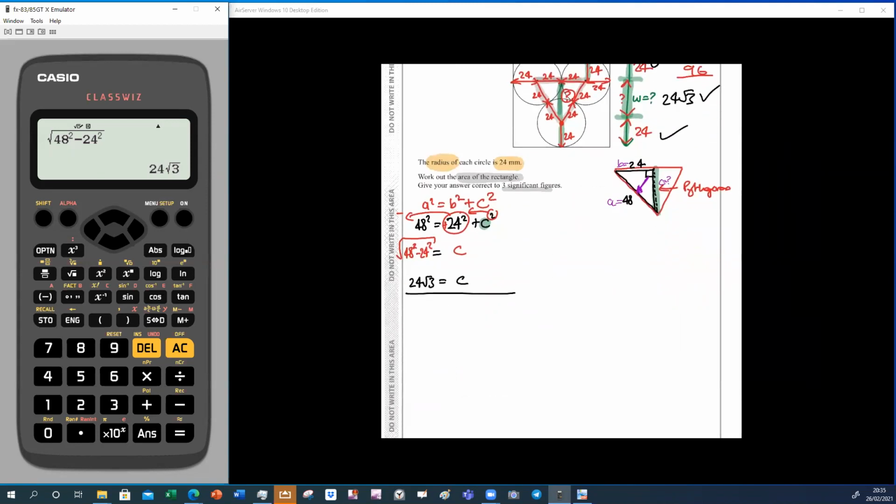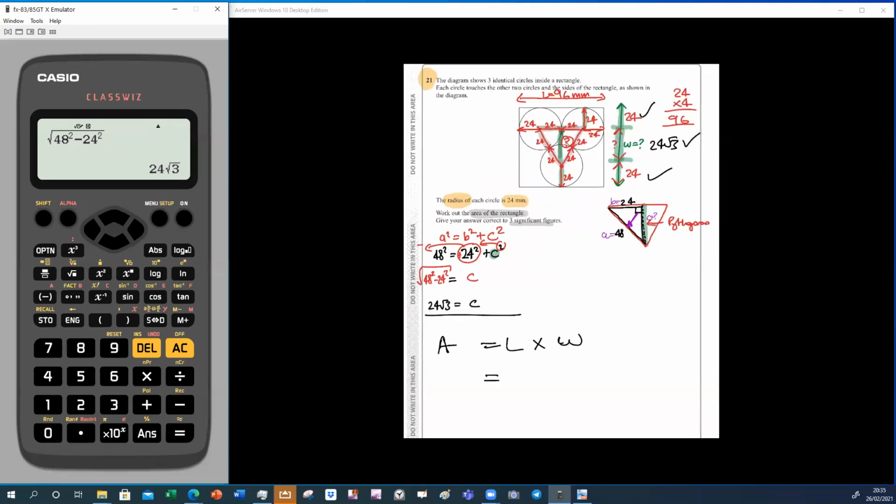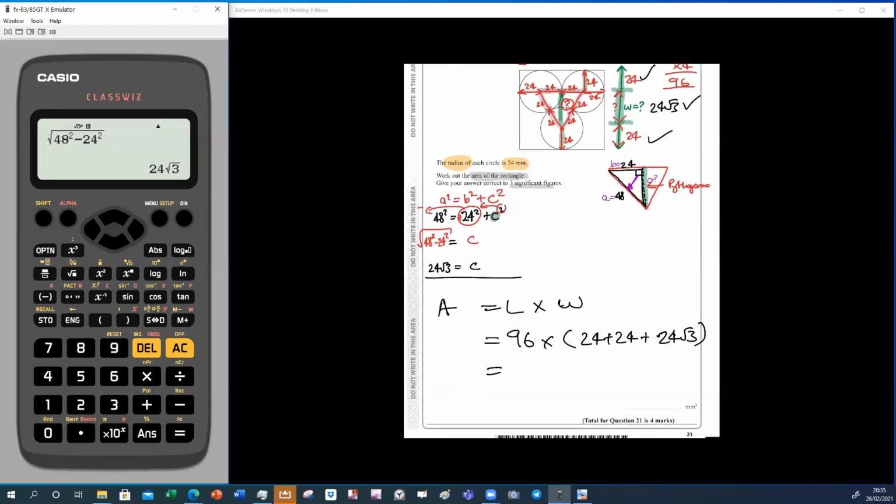Yeah. So the area equals the length times the width of the rectangle, which is equal to 96 times 24 root 3, add 24. Okay, so there's our length and there's our width. So that's going to be 96 times 48 plus 24 root 3.